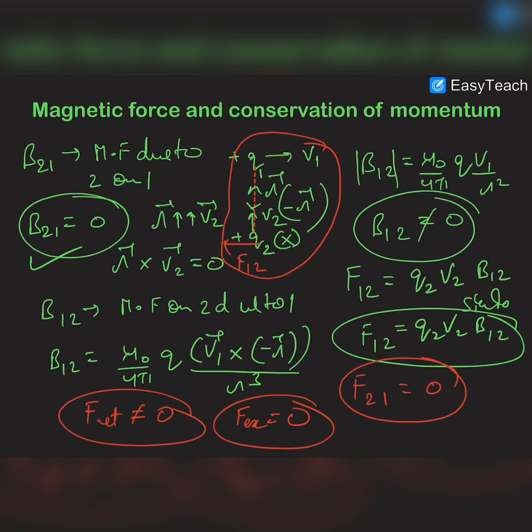But as a whole, electromagnetic, we know that electric field and magnetic fields both carry momentum. So if we sum up the momentums of both the fields and try to apply the law of conservation of momentum, then we would find that the total momentum of the system will be conserved.